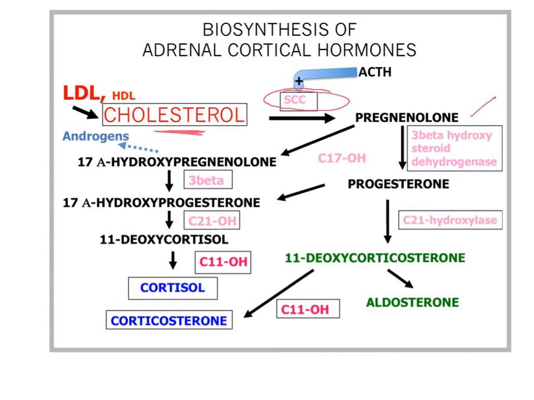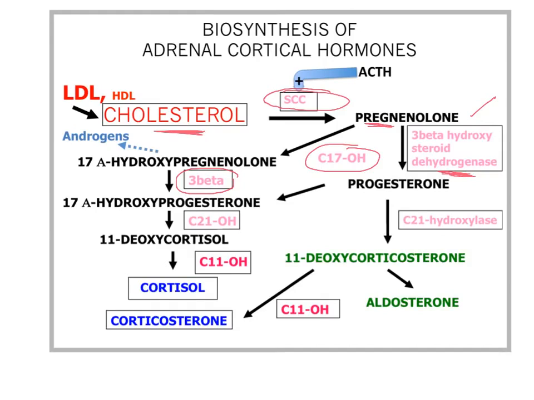So if you start with pregnenolone, and then you look at what can happen to it. Basically, it can be 17 hydroxylated to 17 alpha hydroxypregnenolone, which then is subjected to the 3-beta hydroxysteroid dehydrogenase. You'll see it's over here also. Well, that's why we'll say there's a parallel pattern here.